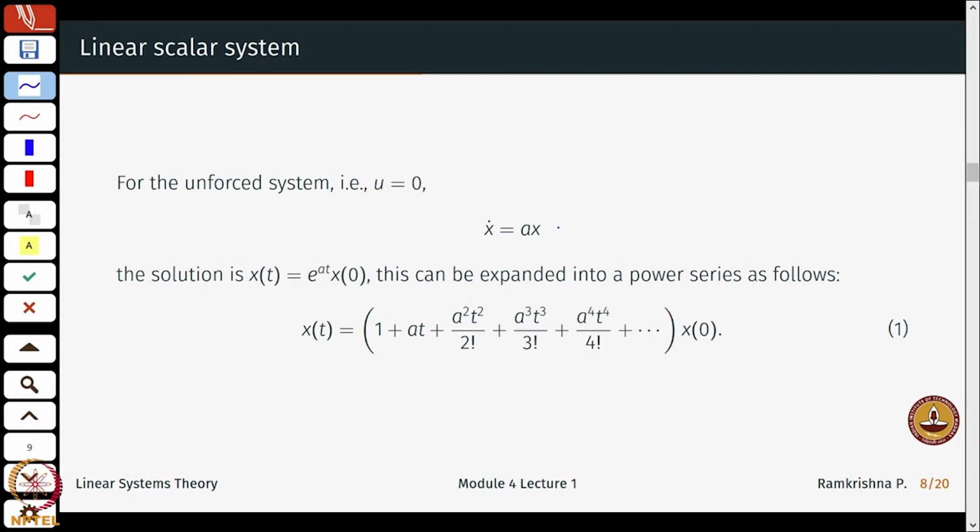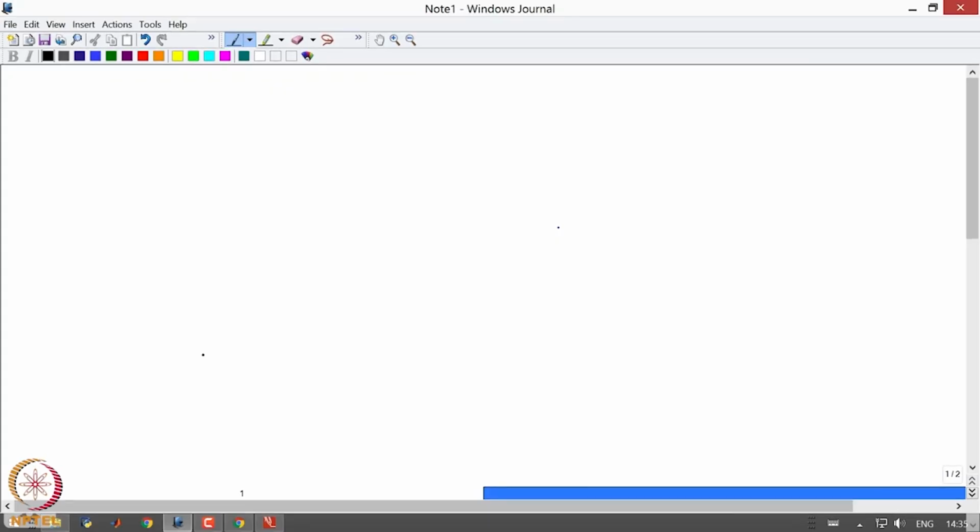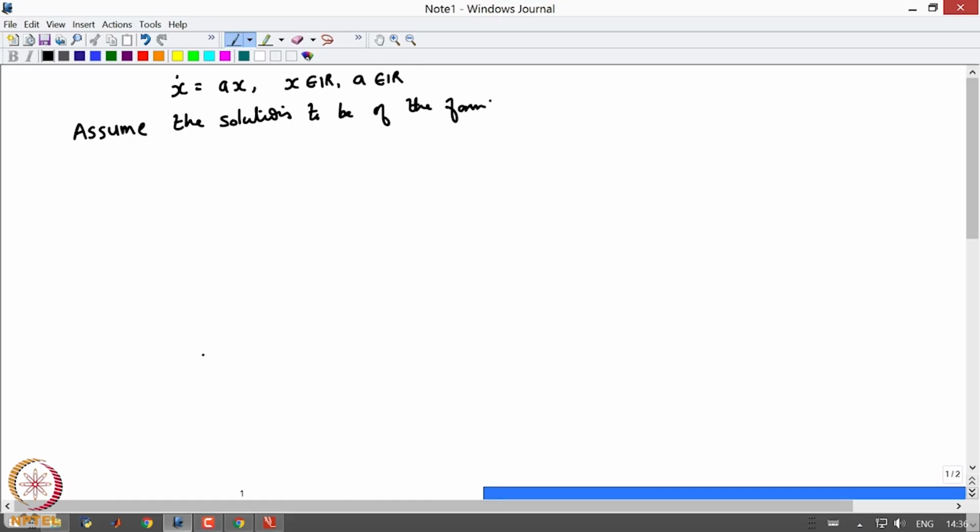So, essentially let us start with a scalar case, x dot equal to a times x, where x is in R and a is also in R. Let me assume the solution to be of the form, say it is like a series in time.